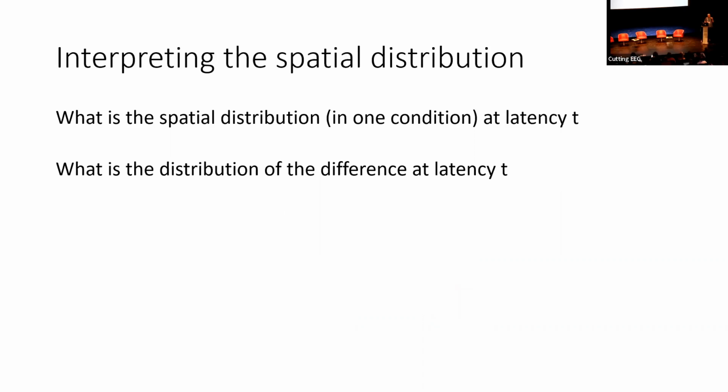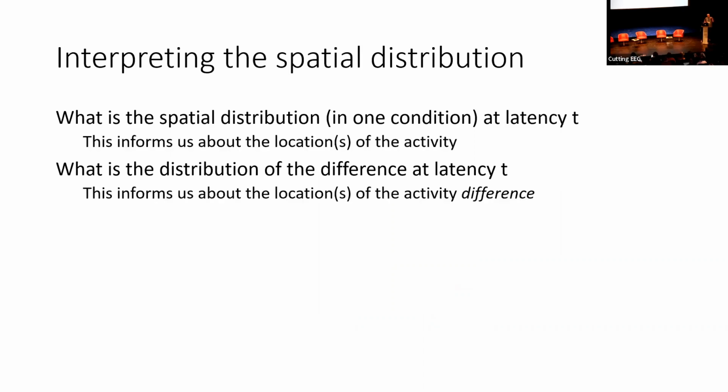So interpreting the spatial distribution informs us about the location of the activity. If we look at the spatial distribution of the difference wave, it informs us about the location of the activity difference. And if you now recall that we have this common contribution that is present in each of the trials, then we have something that is specific to the faces versus the scrambled faces.